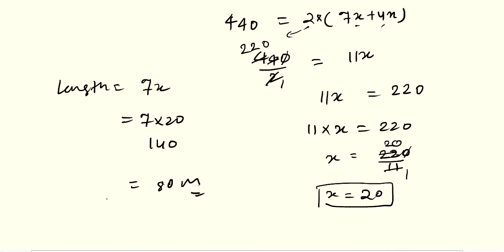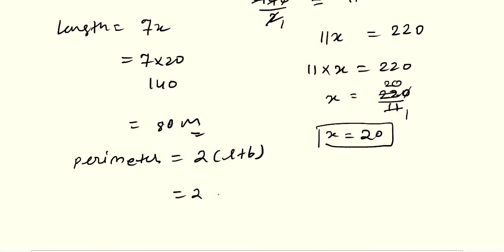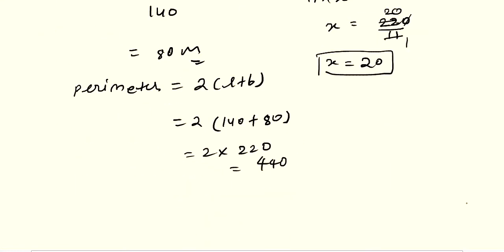Now find the cost of fencing. For the fencing we have to find the perimeter. So perimeter equals 2 into (length plus breadth), 2 into (140 plus 80), 2 into 220, which is 440. But you can continue with the given perimeter; you are not supposed to find this again.